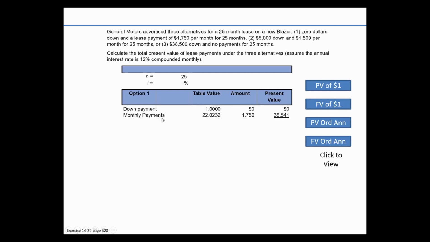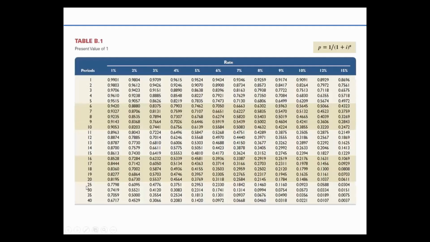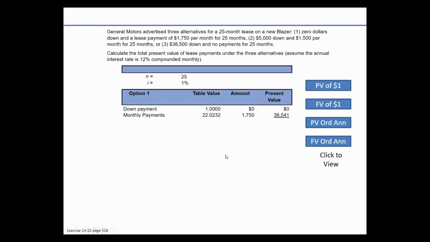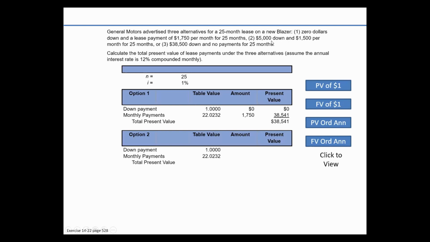But for the amount of the payment, which is $1,750, the number of periods is 25 and 1% each month, so you use the present value of an annuity factor, 22.0232. So total present value then is $38,541.